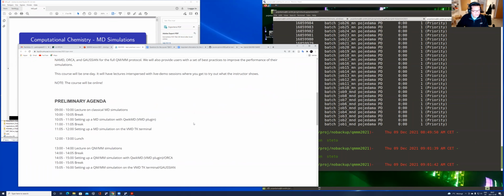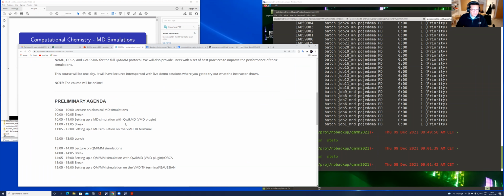So this is the agenda for today. We will start with the lecture on classical MD. Then we will look at one particular example of how to set up a molecular dynamics simulation using a plugin from VMD, which is called QuickMD.